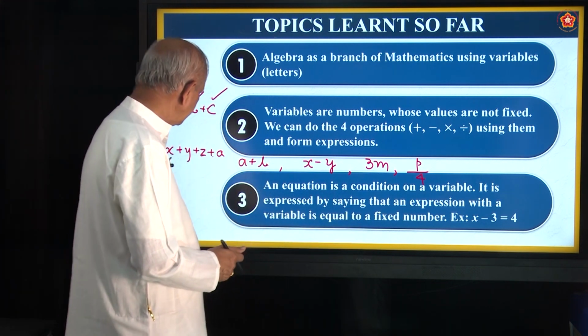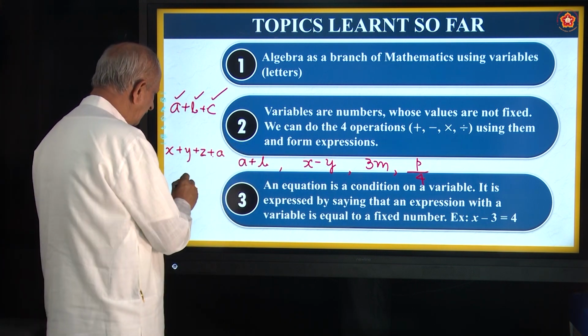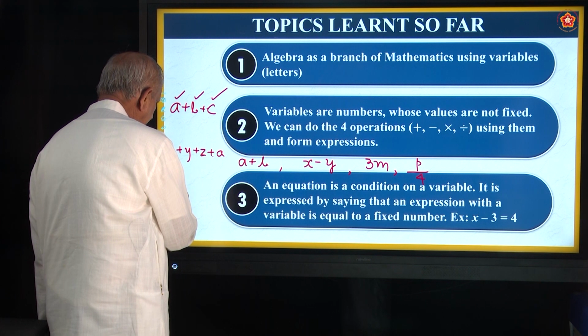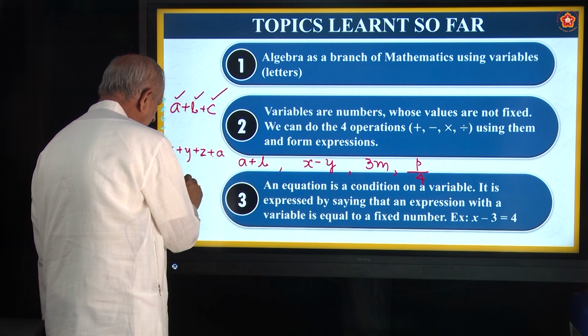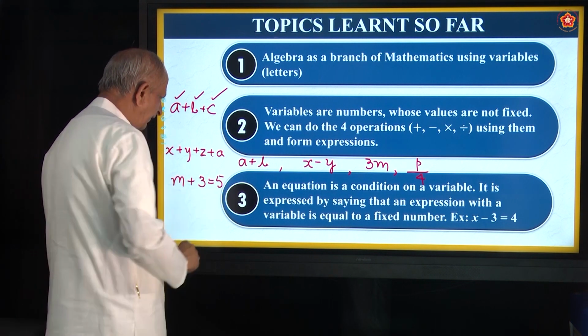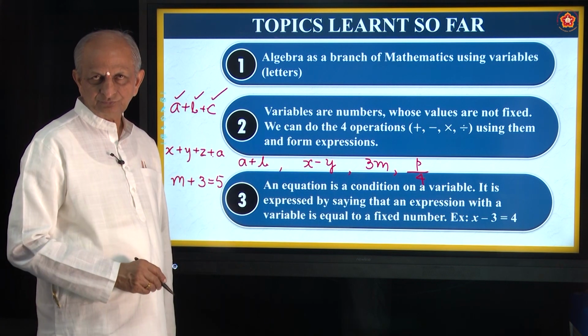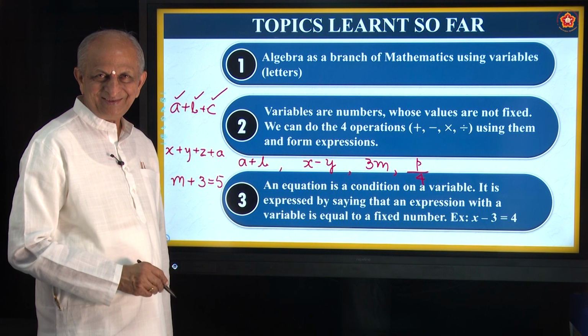So, in an equation you get what is called an equal sign. Suppose you have a variable called m, if you add 3 to it, the answer is 5. So, this is called an equation. Why is it called an equation?